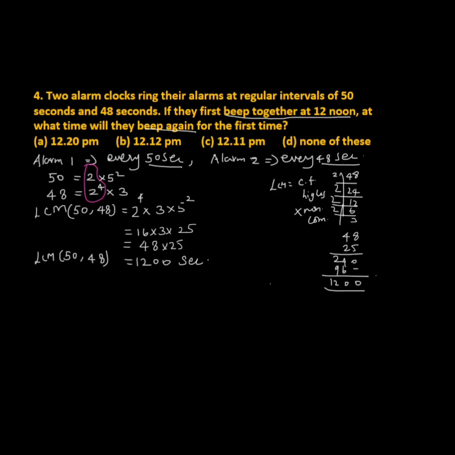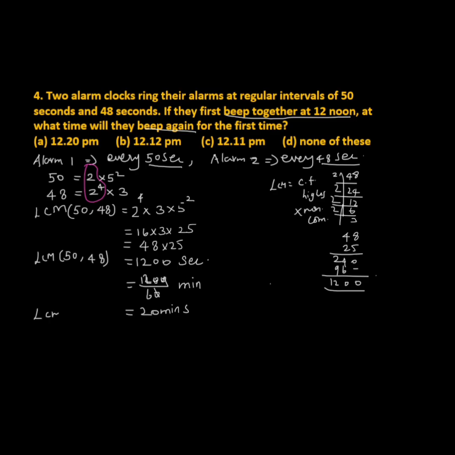Now we convert this into minutes: seconds divided by 60 gives minutes. The zeros cancel, so 20 minutes. That is 1200 seconds, nothing but 20 minutes.